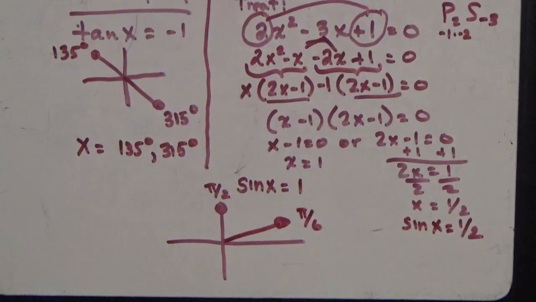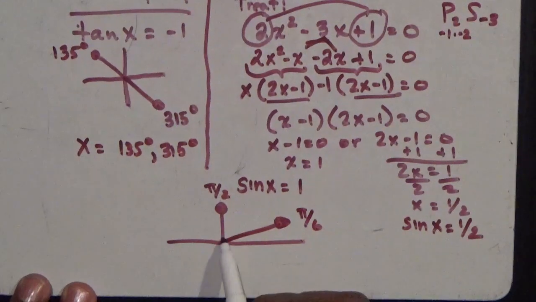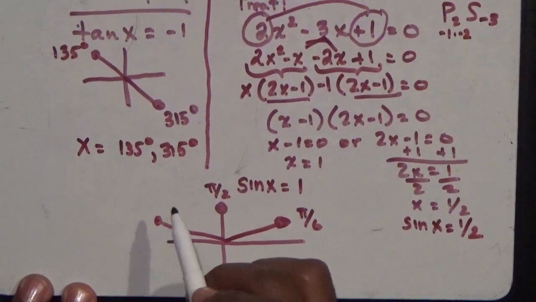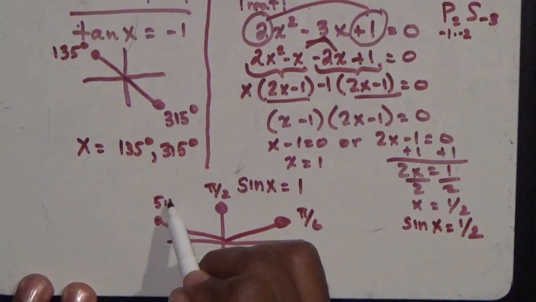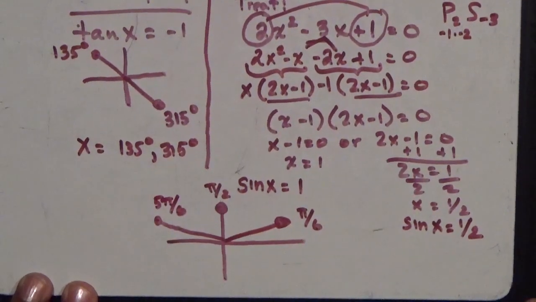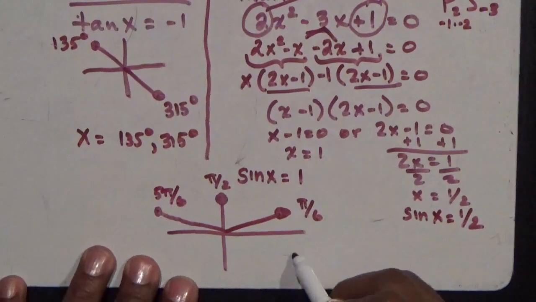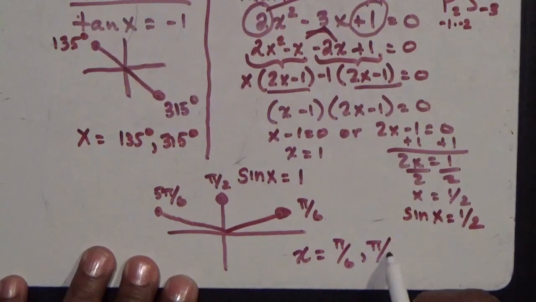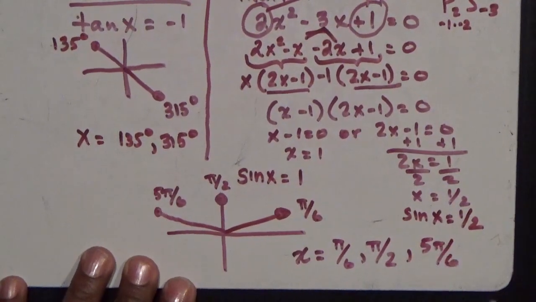Look at your unit circle, guys. And also at the other one, which is 5 pi over 6. So for this problem, my answers are x is equal to pi over 6, pi over 2, and 5 pi over 6.